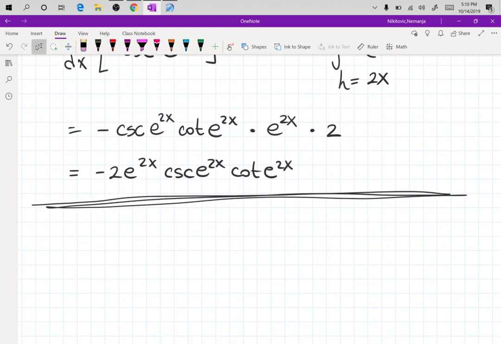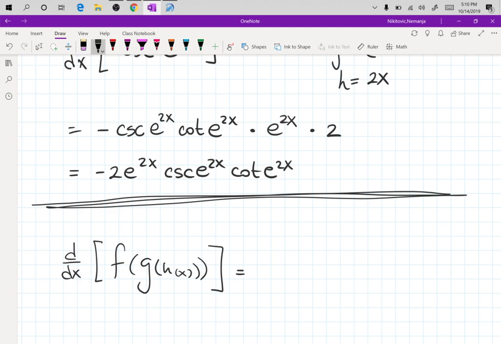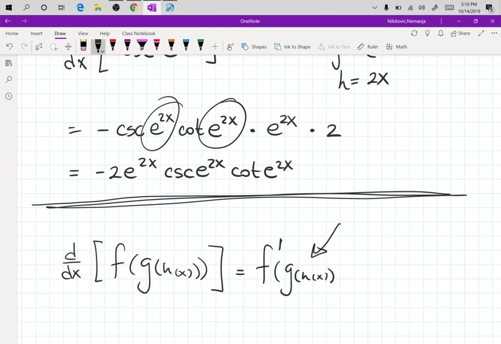Now let's write some of the theory here. If I have the derivative of f of g of h of x, that is going to be f prime with g of h of x still plugged in, which is why you had these e to the 2x show up, because that's the whole parenthesis there.